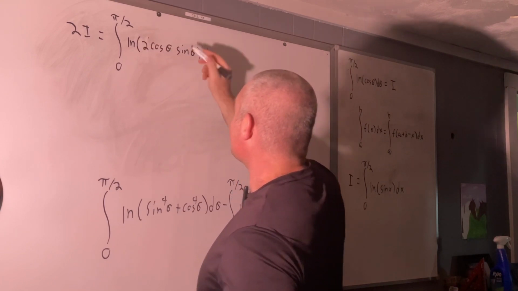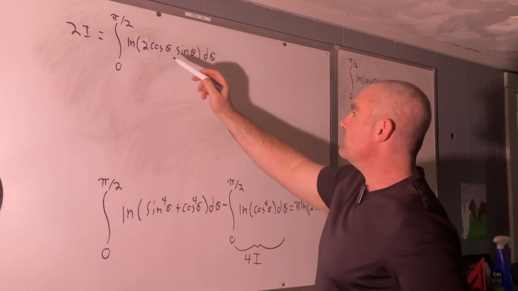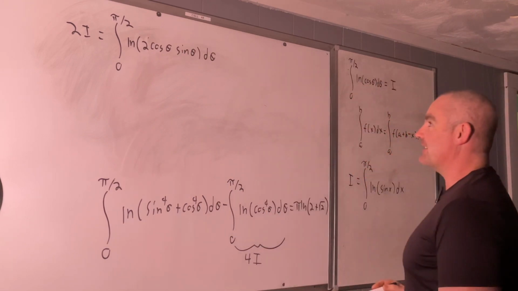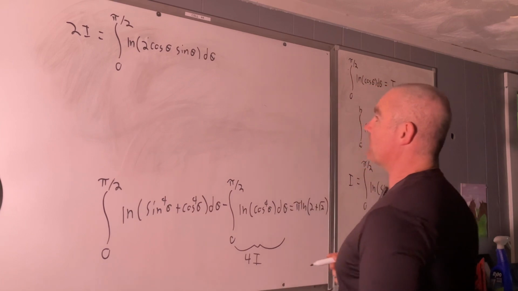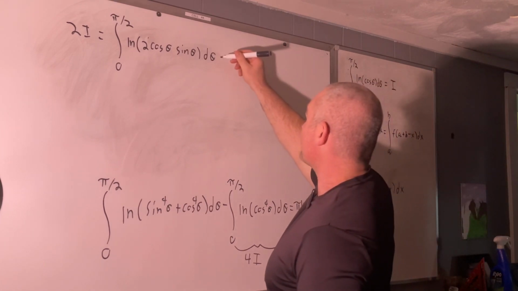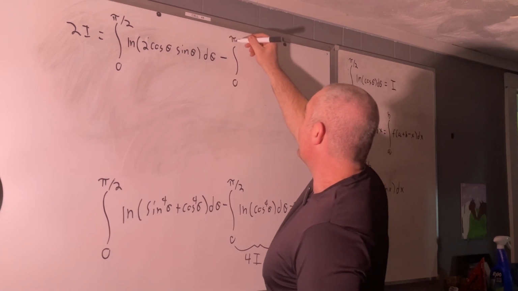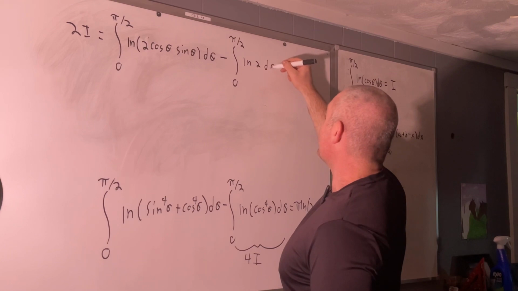Okay, so now this is actually going to become sine 2x. But what did we do by adding a 2 inside that parentheses? We actually added the integral from 0 to pi over 2 of the natural log of 2, didn't we? So we need to subtract that. So we subtract the integral from 0 to pi over 2 of the natural log of 2 d theta.